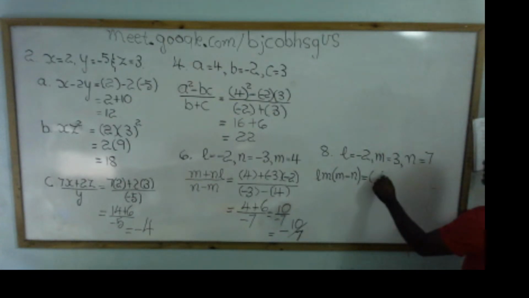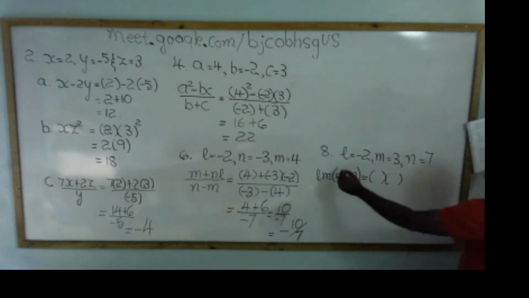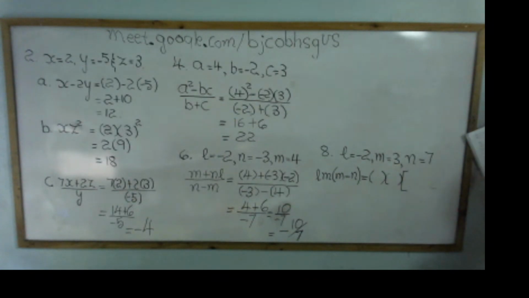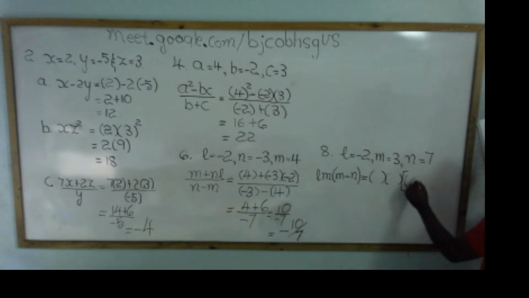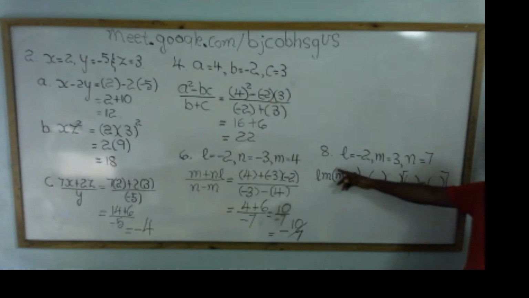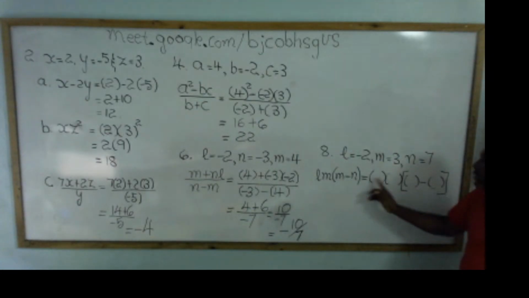Something times something. Then, when you have the normal brackets, you put square brackets because you're going to put other brackets inside there. Something minus something. Where you have brackets, you could put the square brackets because you're going to have the template, and the template will contain those parentheses.